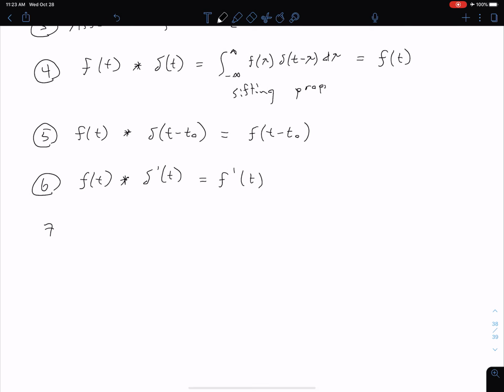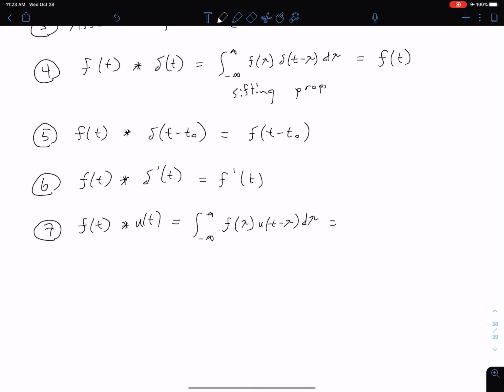The final property we're going to consider here is what if we convolve some function f of t with our unit step function, u of t. If we go back and think about our integral again, we can say this is the integral from negative infinity to infinity of f of lambda times u of t minus lambda d lambda.